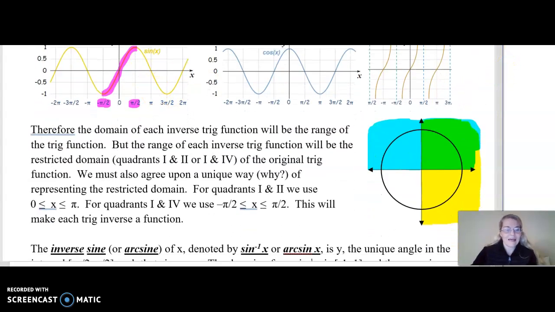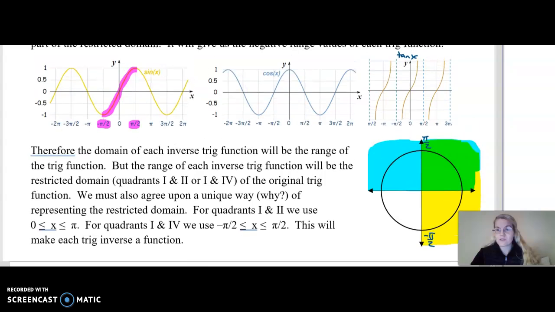Well, I'm looking at a domain restriction of negative pi over 2 up to positive pi over 2. So quadrants 1 and 4 are what I'm going to use for sine when I restrict its domain so that it'll be one-to-one. So I can now define sine inverse.